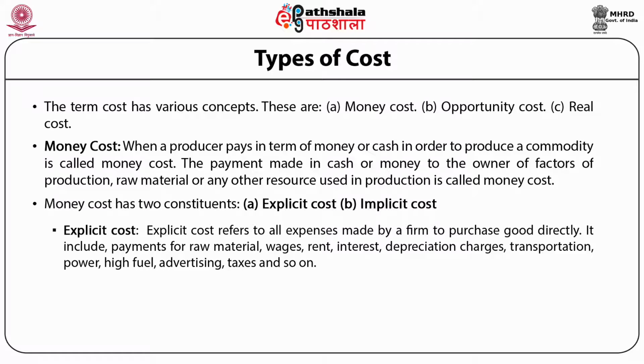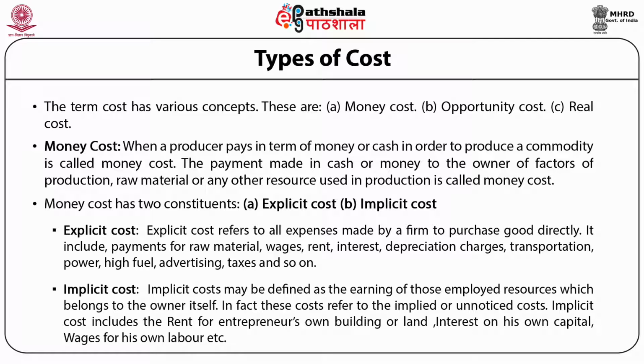Implicit cost. Implicit cost may be defined as the earning of those employed resources which belong to the owner himself. In fact, these costs refer to the implied or unnoticed costs.